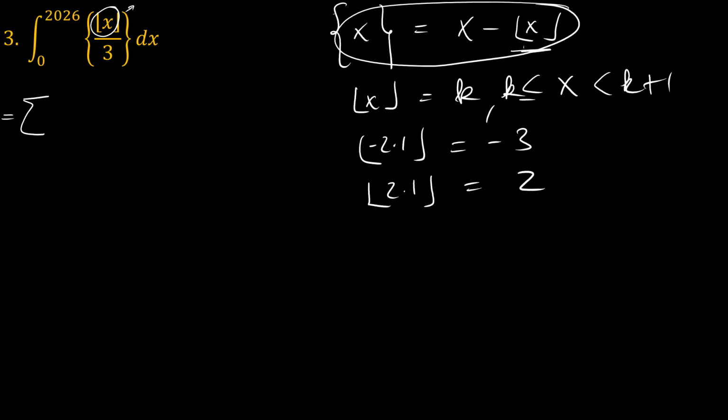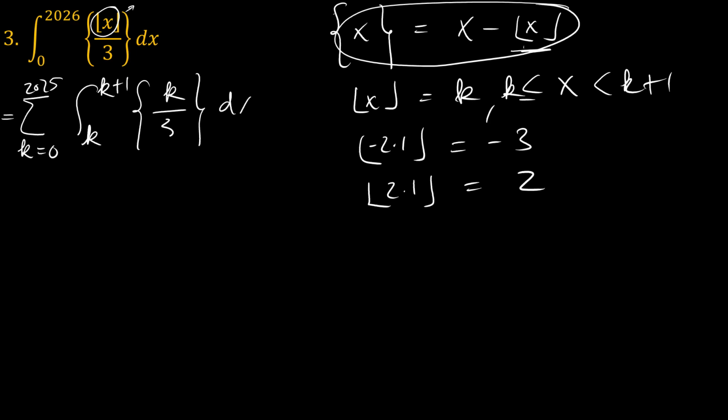And so we can discretize the integral as the sum from k equals 0 to 2025 of the integral from k to k plus 1 of the fractional part of k over 3 dx.